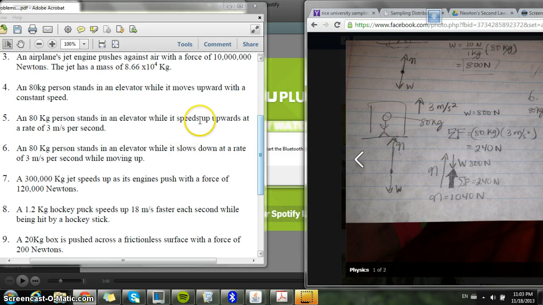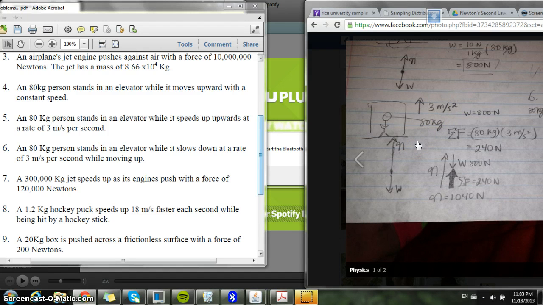An 80-kilogram person stands in an elevator while it speeds upwards. It's moving up, and that means there's acceleration upwards at a rate of 3 meters per second squared.